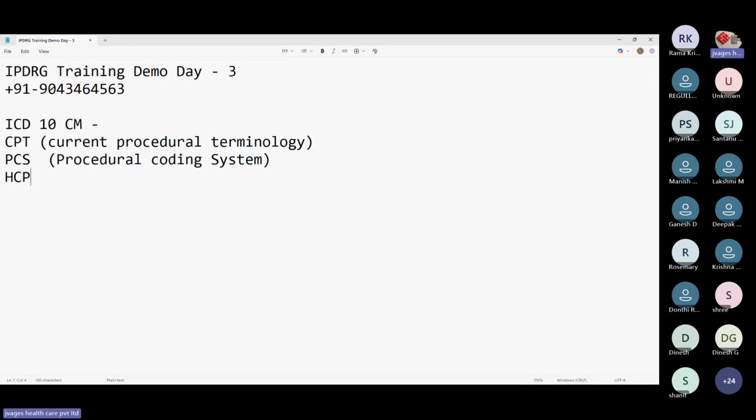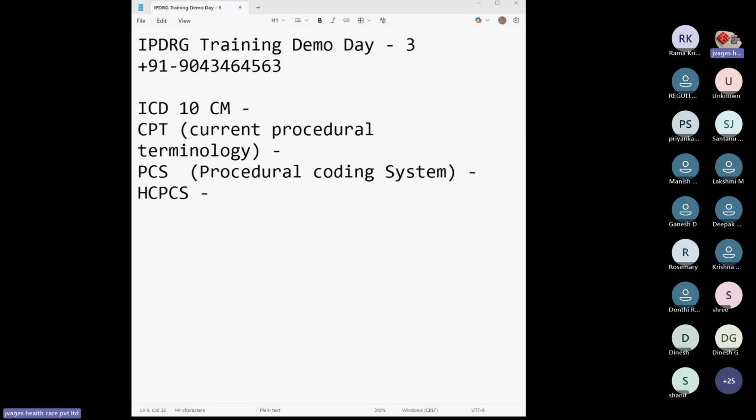And one more is HCPCS. These are all the code sets that people in the medical coding industry are working with right now. Most things come under this category.